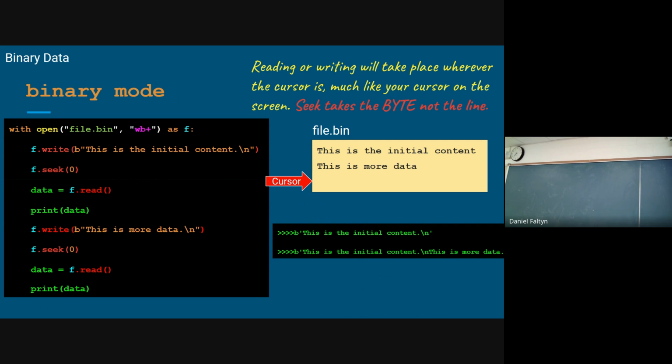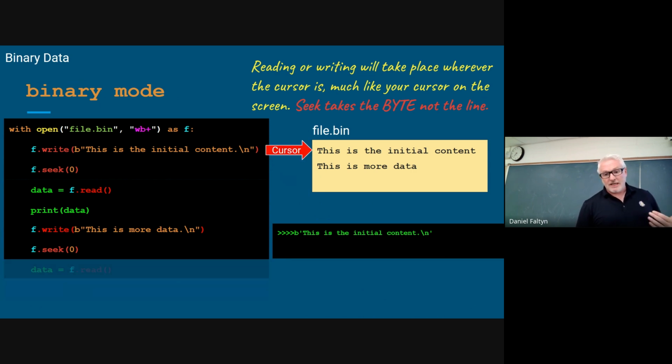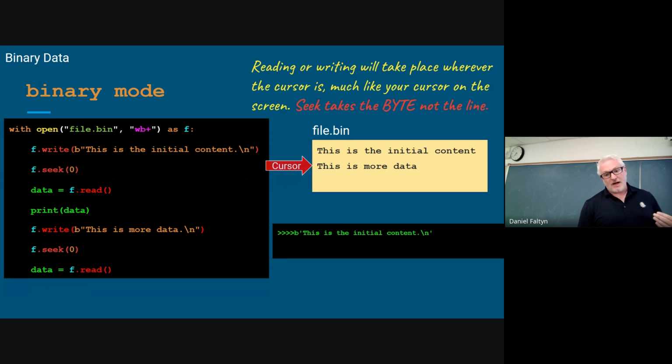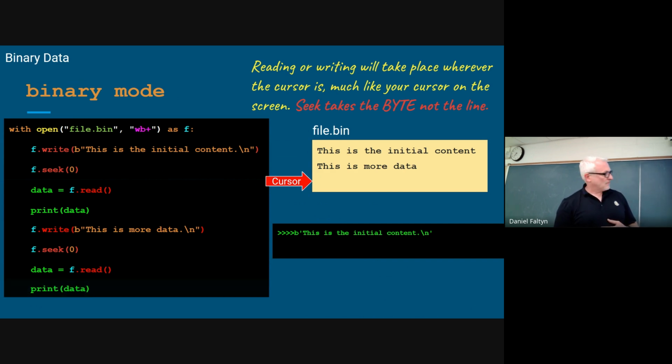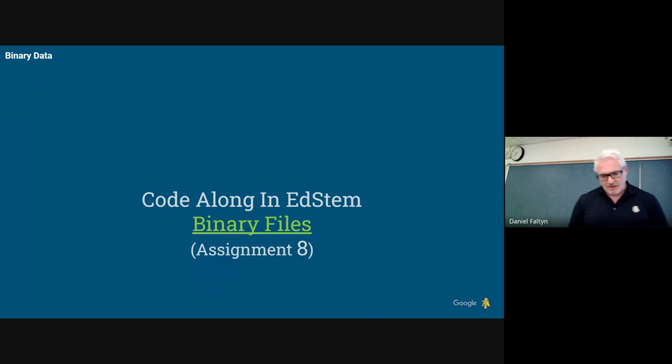But here, I printed both the first line and the second line. And the reason is that the read function reads the entire file, so the cursor goes all the way to the end. So you can play with that a little bit on your own.